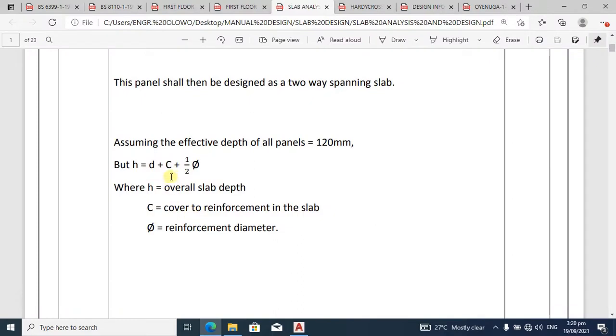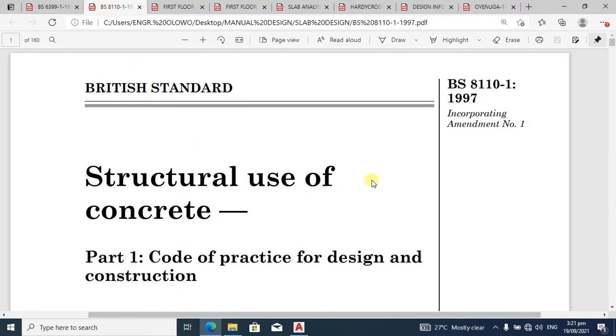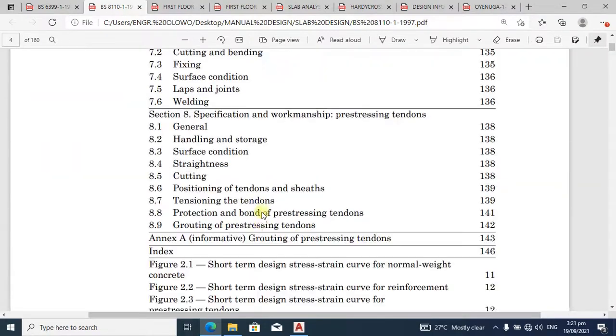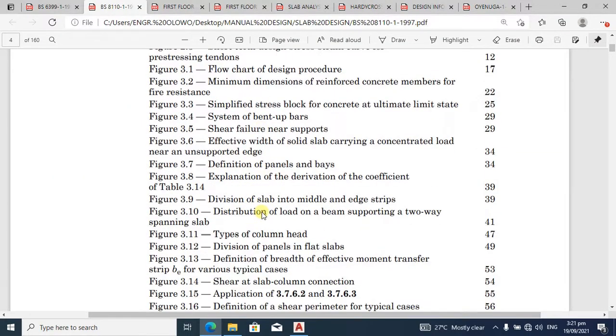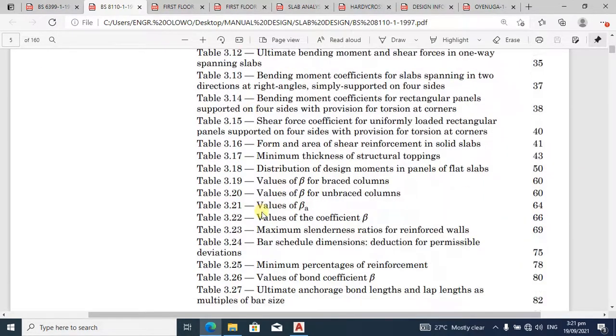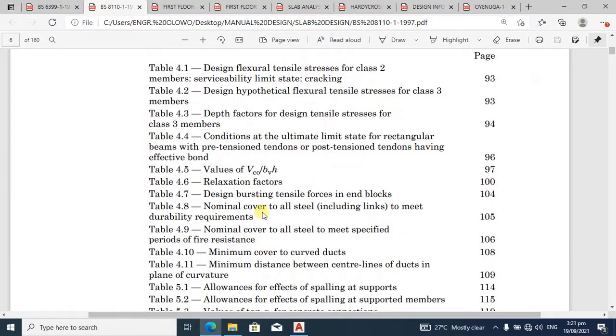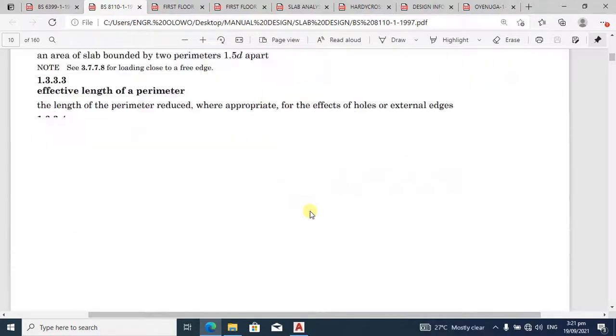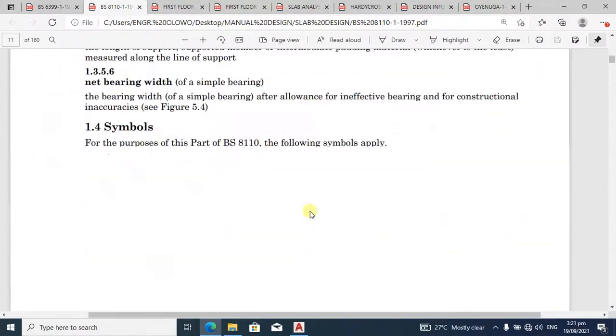So now, how do we get the cover to the reinforcement? Let's go to the BS 8110. Let's go to Table 3.2. I'm scrolling to Table 3.2.